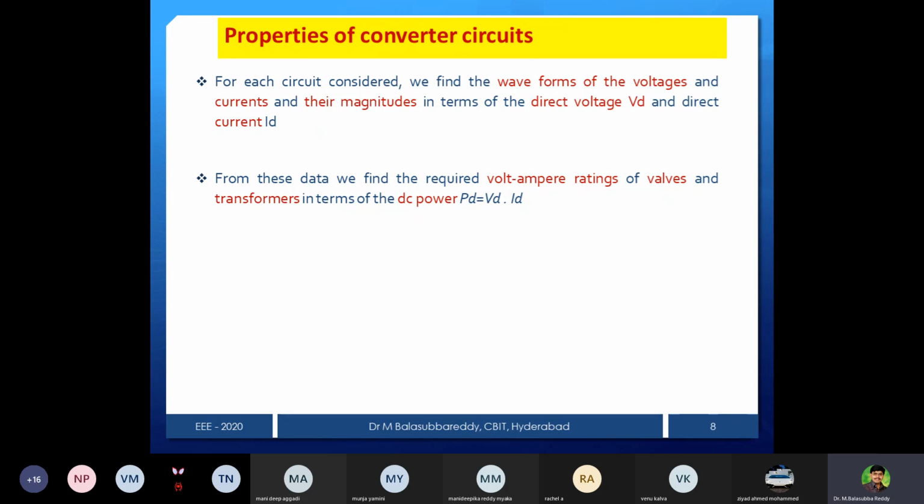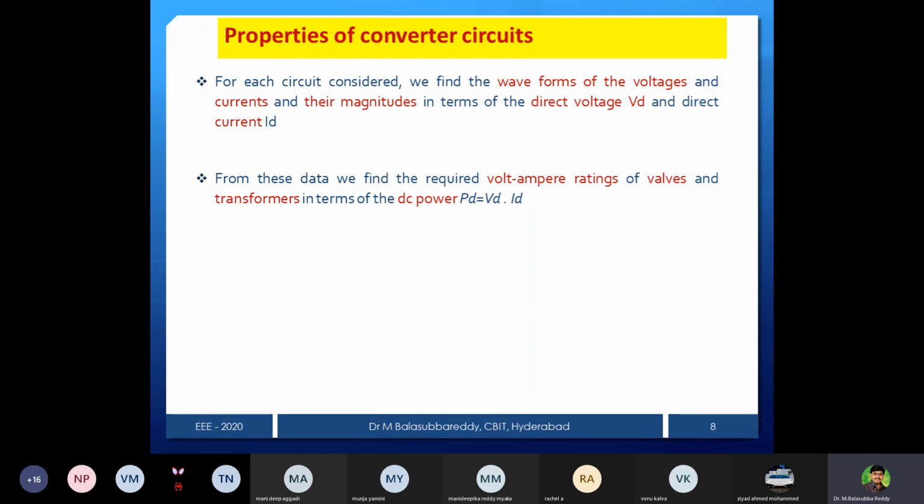To overcome that problem, we have to decide the volt ampere rating of the valves, meaning thyristors, as well as of the transformer, because a transformer is compulsory here. There is a source, then a transformer, then the converter circuit consisting of valves, and then on the load side, in series with the converter, there is a large inductor, and finally you connect the load.